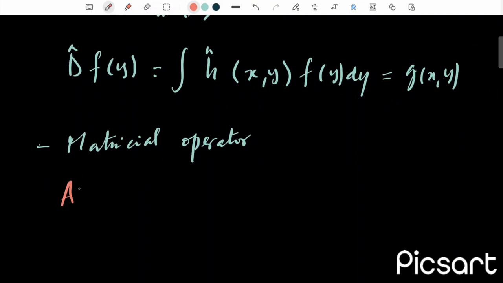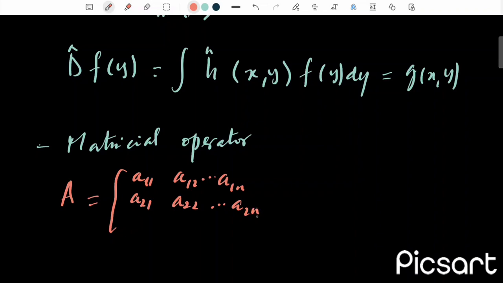A matrix A is a list of elements given as A11, A12, and we go on until we reach the element A1n. Then we have the other elements A21, A22, and we go on until the element A2n, and here we go on until the element Am1, Am2, and we go on until we reach the element Amn.